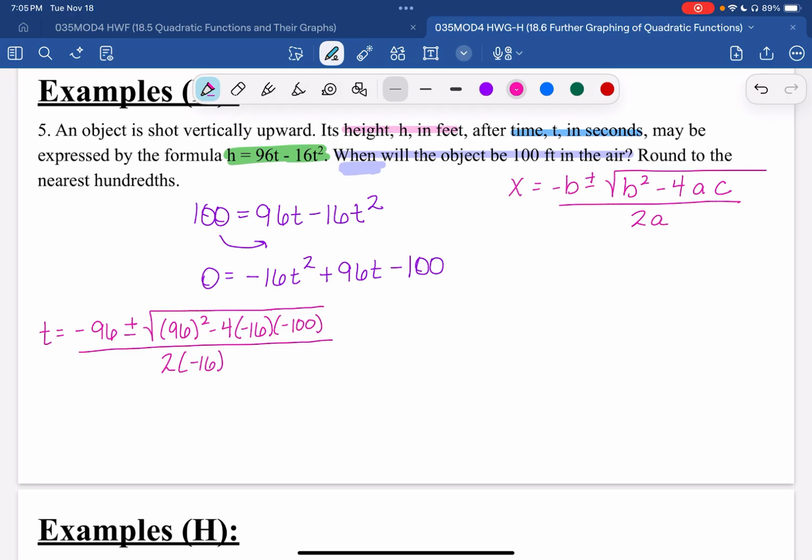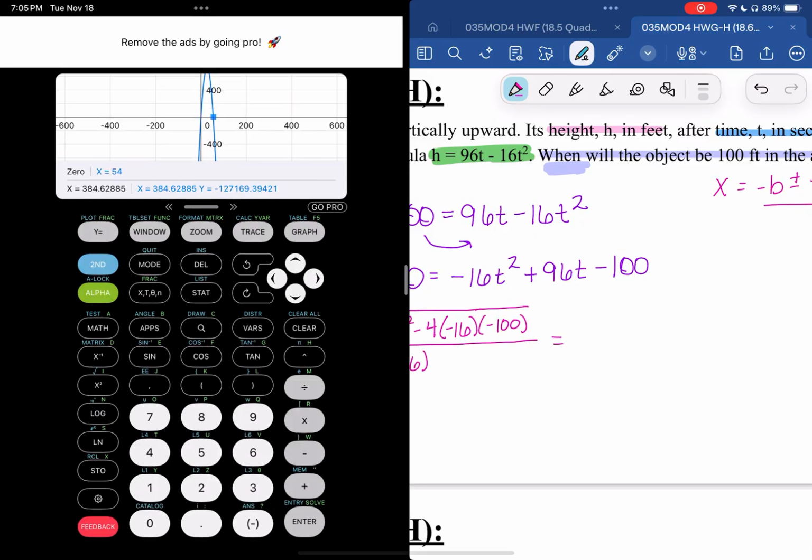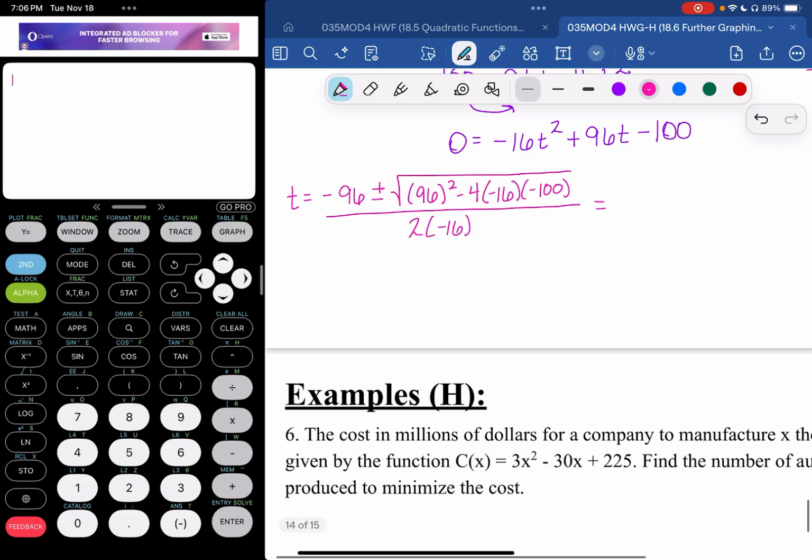And then we just clean that up. So I'm going to start out, get the calculator back. I'm going to start out by putting the inside of that in my calculator. So I'm going to do 96 squared minus 4 times negative 16 times negative 100. And so now I've got negative 96 plus or minus the square root of 2,816 over negative 32.